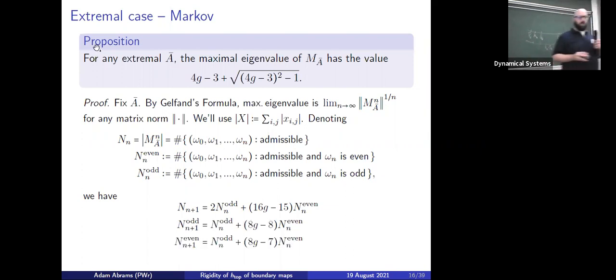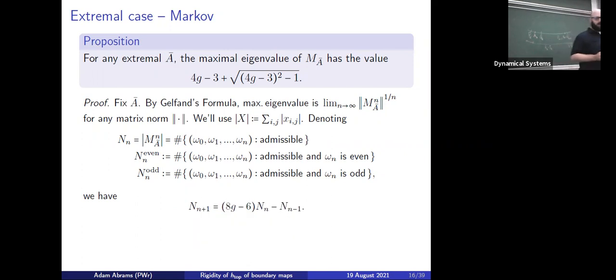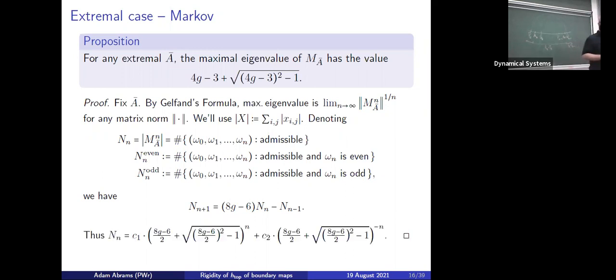Playing around more with these equalities, we end up with a linear recurrence relation for the number of admissible words. Anytime you have a linear recurrence relation like this, you can think of it like Fibonacci numbers, except instead of 1 and 1, we have 8g minus 6 and minus 1. You always get this exponential format for your sequence. And the exponential growth rate of the sequence is exactly the spectral radius of the transition matrix.